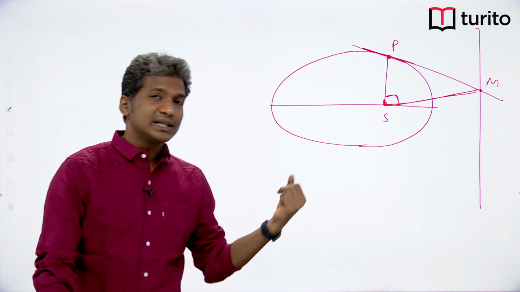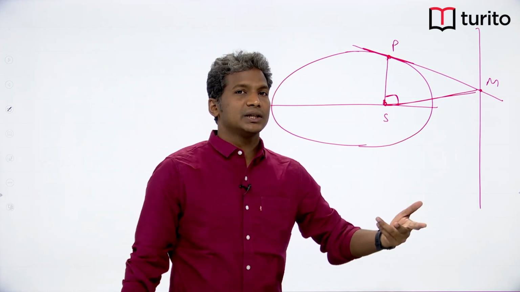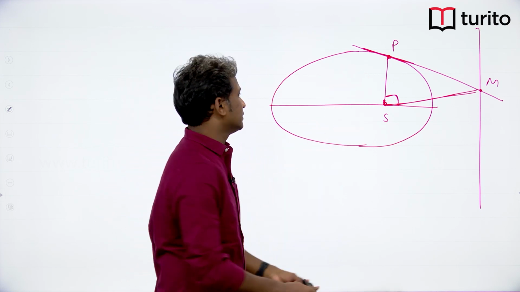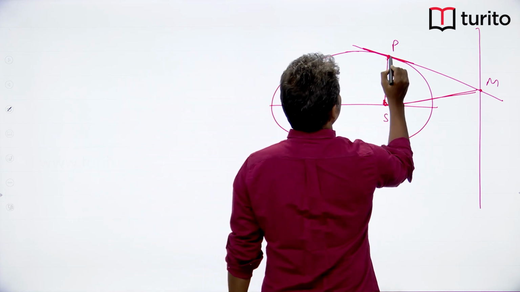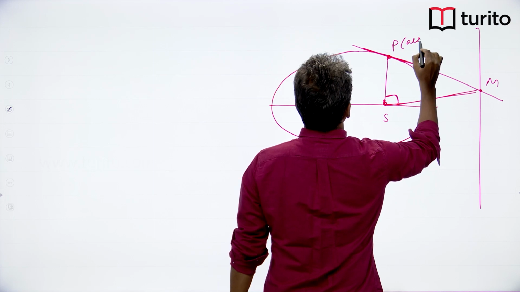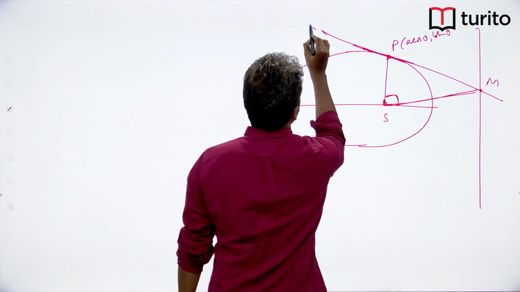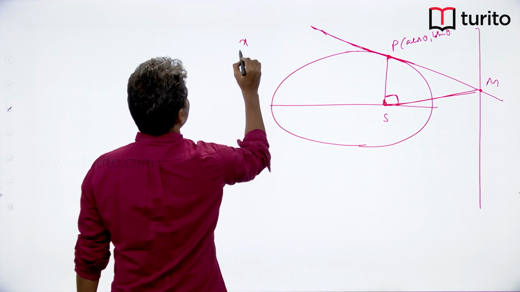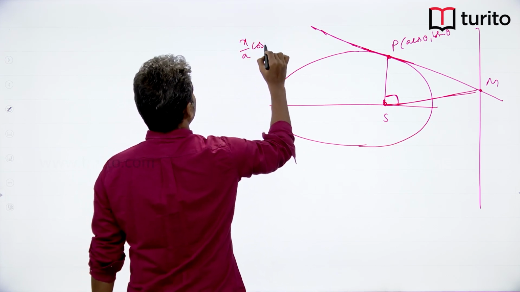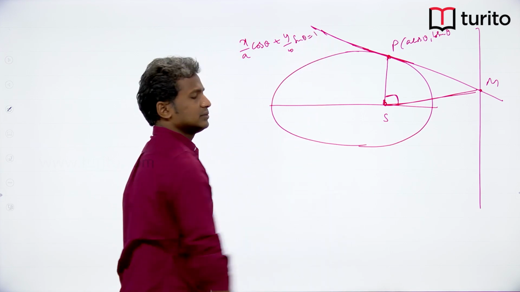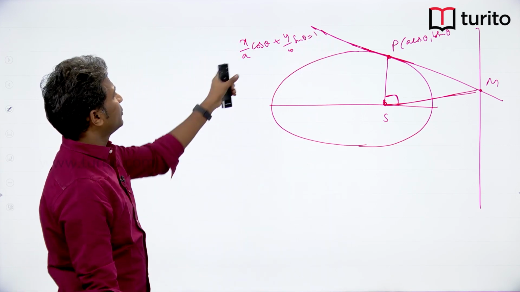In the earlier case, doing it with m was faster, not with the theta, but here doing it with theta will be faster. Okay. So, if I take this P as a cos theta, b sin theta, then equation of this tangent will become x by a cos theta plus y by b sin theta is equal to 1.